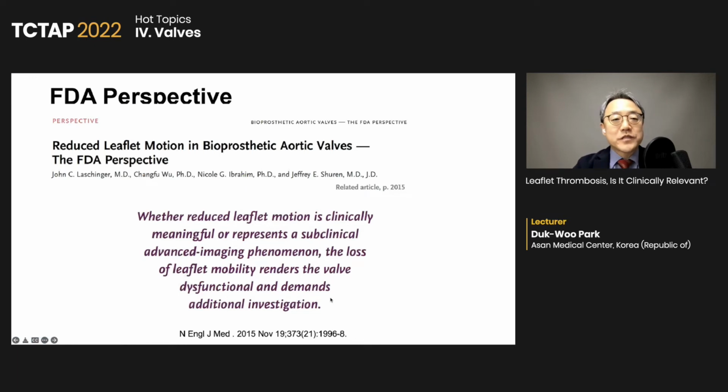Also, from the FDA perspective and in the editorial perspective, the question was whether reduced leaflet motion is clinically meaningful or representative of a subclinical advanced imaging phenomenon. The loss of leaflet mobility renders the valve dysfunctional and demands additional investigation.